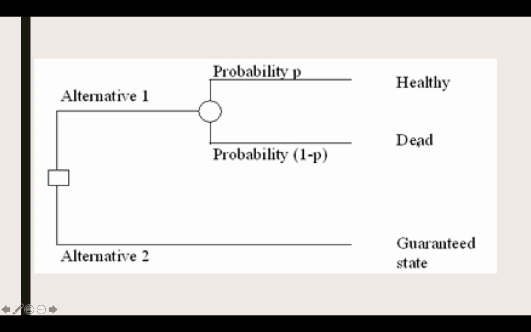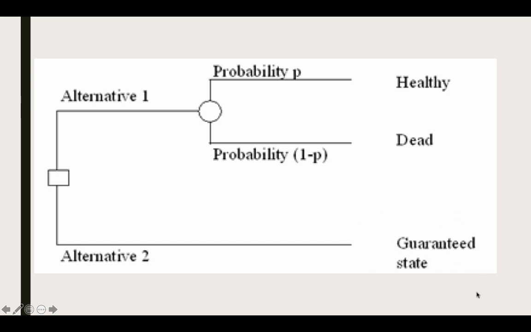You might be thinking, well, why would we play with the probabilities of alternative 1, I win or I lose and I'm dead, over a guaranteed I win? Well, sometimes the guaranteed I win is less attractive than this healthy state. In alternative 1, where there are two outcomes, win and lose, that win is a better option than this guaranteed state.